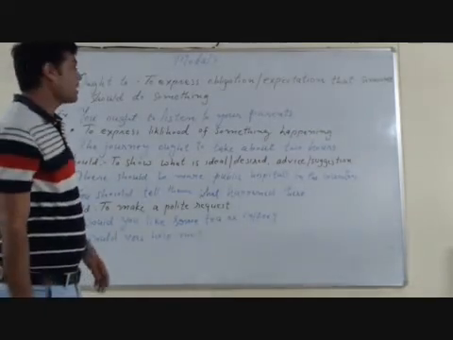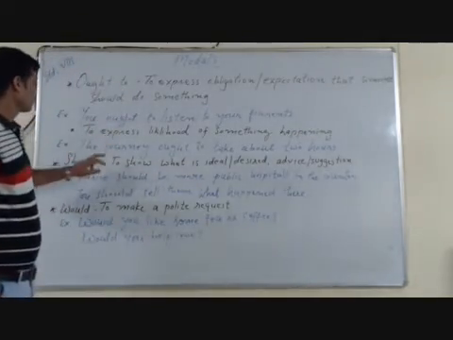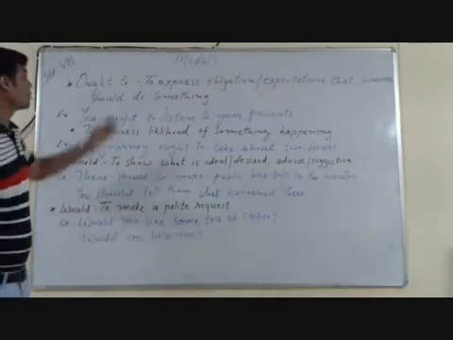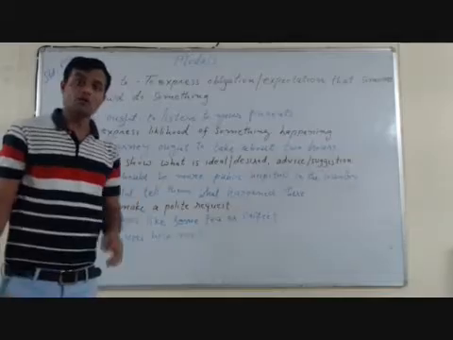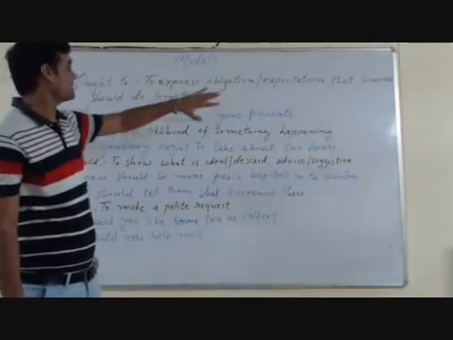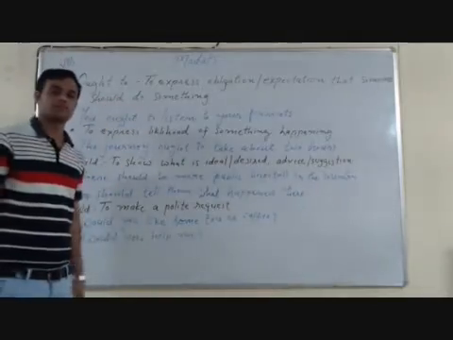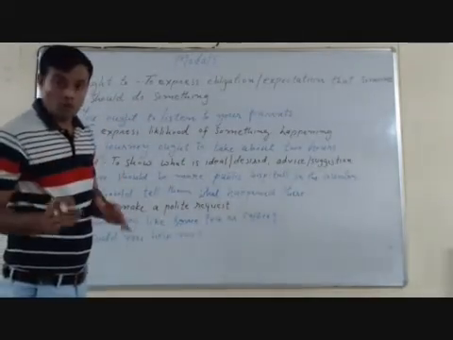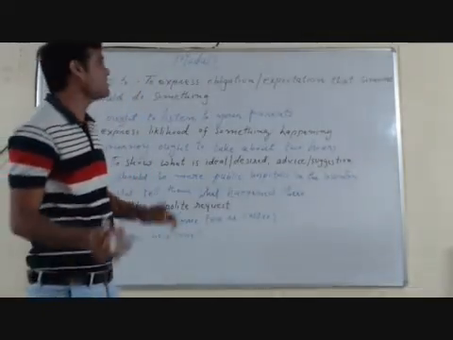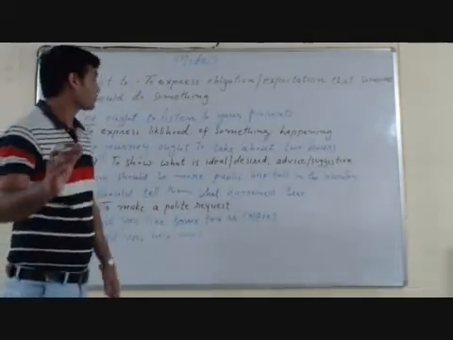Now another three modals: ought to, should and would. What is the use of ought to? Ought to is used to express obligation or expectation that someone should do something.